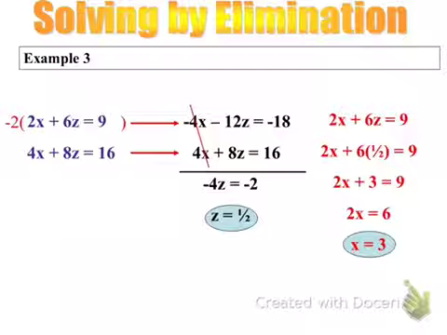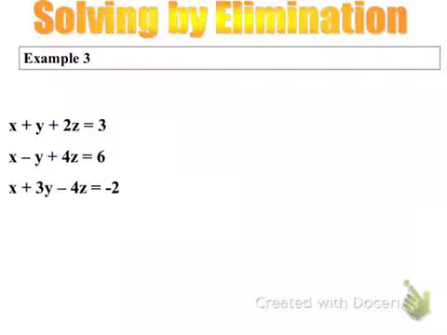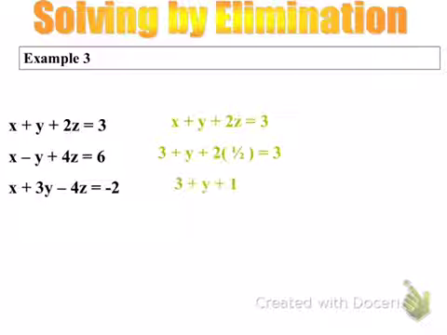All right, now from there, we're going to make a substitution back into one of our original equations. X plus y plus 2z equals 3. Substitute 3 for x, 1/2 for z. And we're going to get y equals -1.